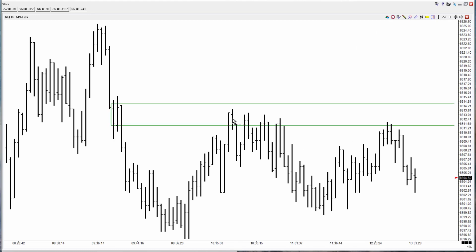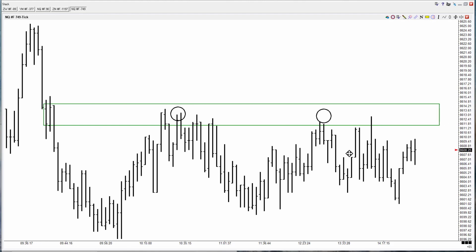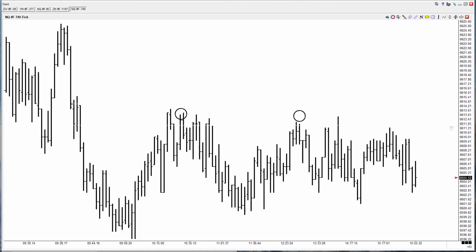If you're hitting this anywhere along here, you're pushing. You're pushing for this thing to make a new low, right? Look at these sellers. You're with the sellers. You're pushing. See, this is a good, clean way to orient yourself to a chart.